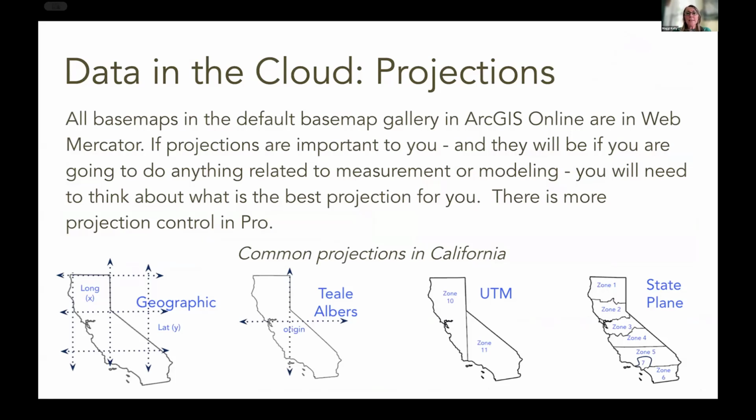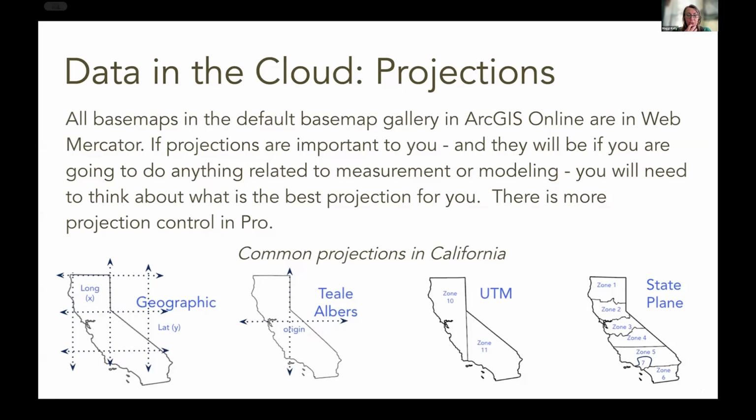It's just the easiest way to display spatial data online because you're forever zooming around and panning around. So Web Mercator is kind of the base projection. So if projections are important to you, if you're collecting data and you want to make sure that you're going to be using that subsequently, then you want to spend some time thinking about what your projection should be when you do analysis. And I just have a couple of examples here at the bottom.